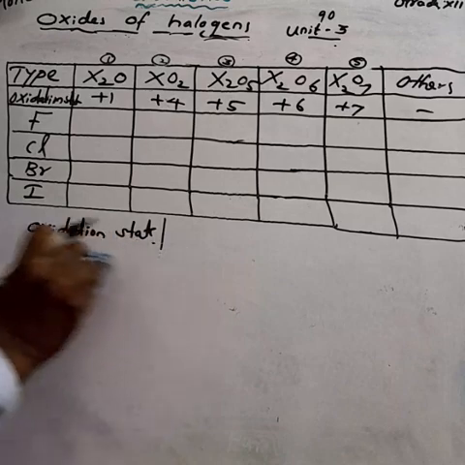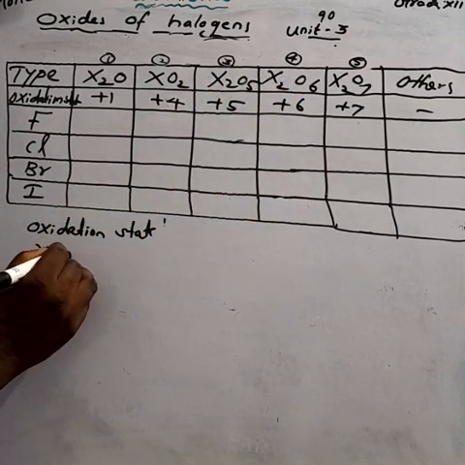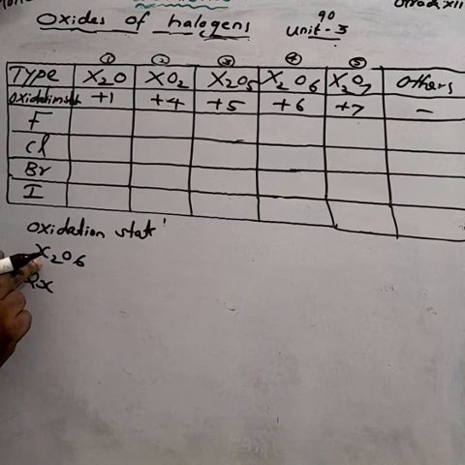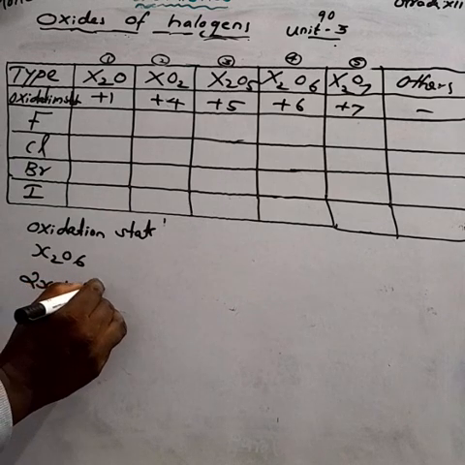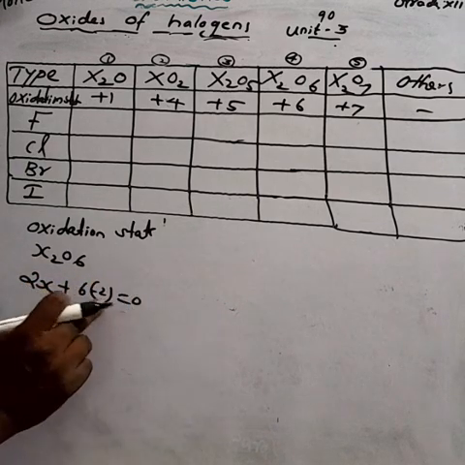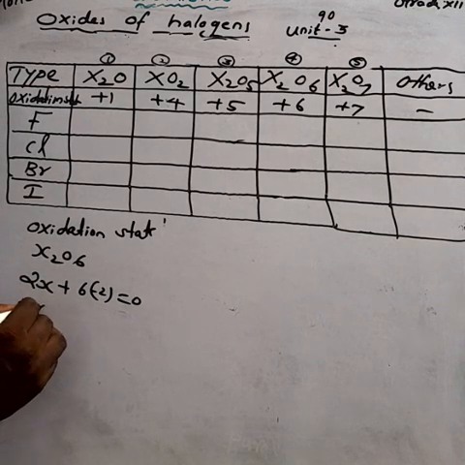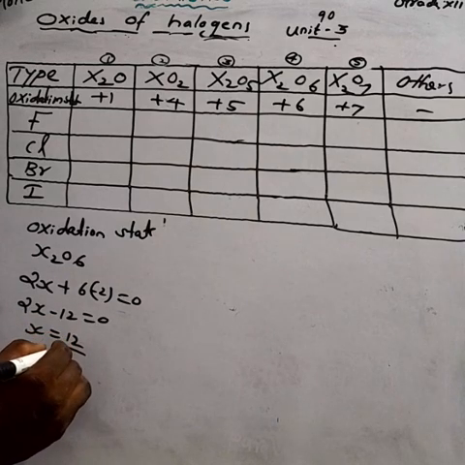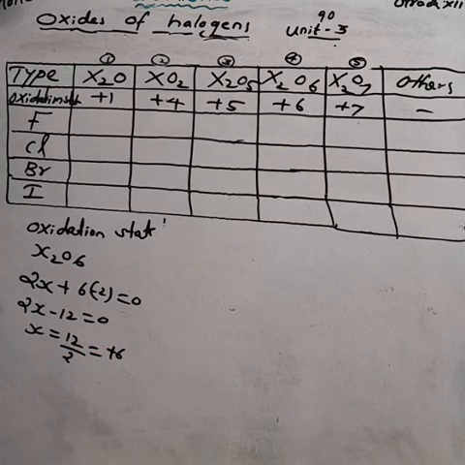The next compound is X2O6. How can you find it? Here there are 2 X, so 2x plus 6 into minus 2 equal to 0. 2x minus 12 equal to 0. X is equal to 12 by 2, equal to plus 6 oxidation state.